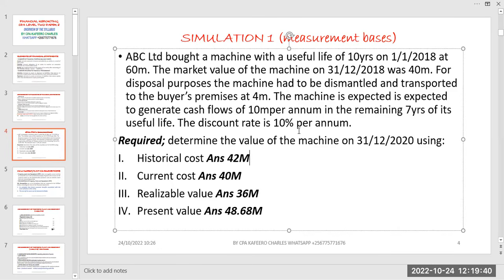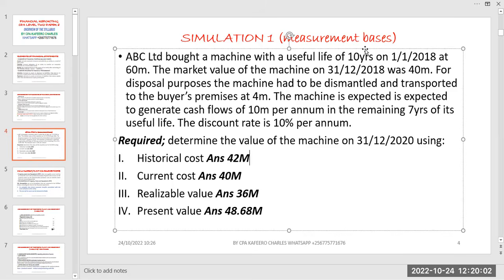They are saying that the machine is expected to generate cash flows of 10 million per annum, meaning we are receiving 10 million, but they told us the useful life was 10 years.